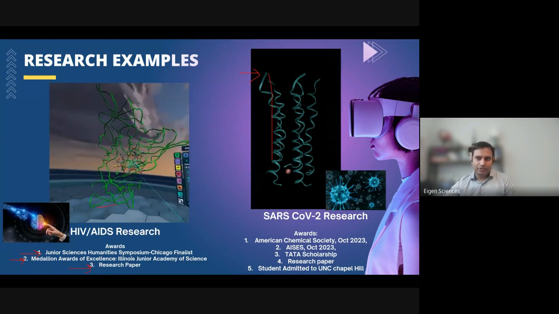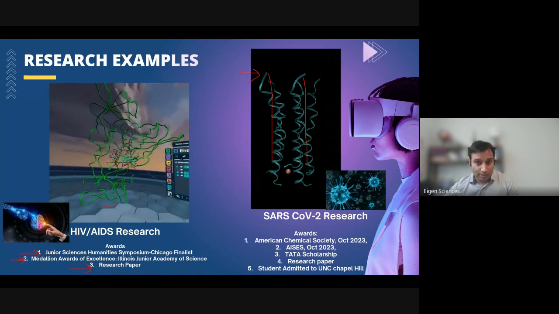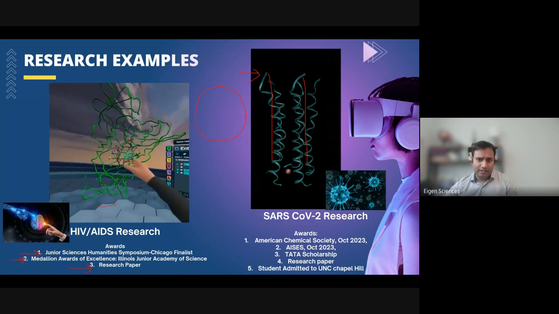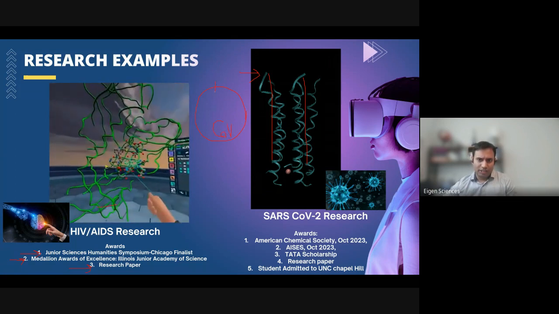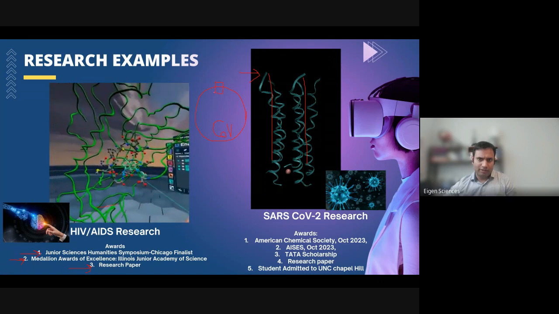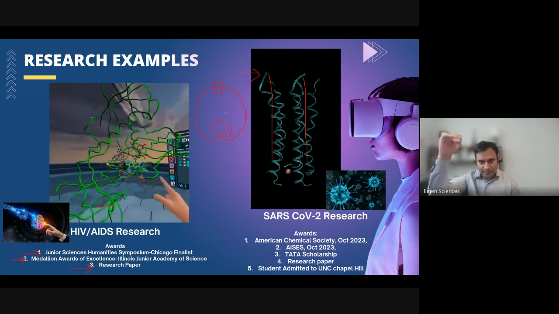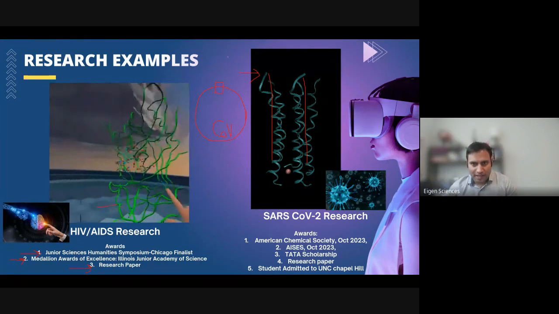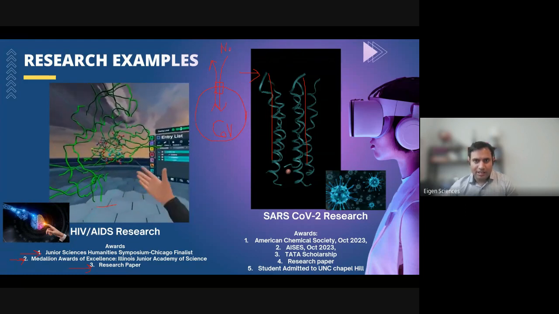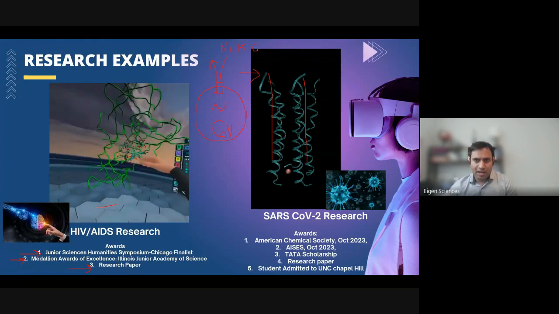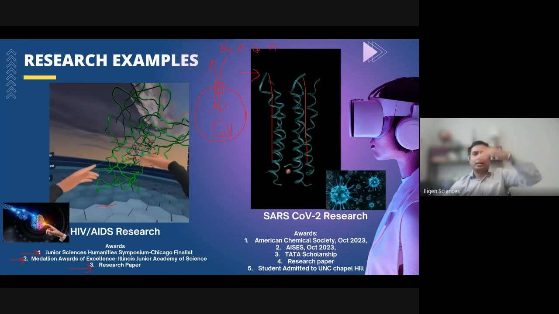This structure is an envelope protein. Let's say this is coronavirus. This envelope protein is present on the surface of the coronavirus. The function of this envelope protein is that it transports ions inside and outside, like sodium ions, potassium ions, calcium ions, hydrogen ions, and many other ions.